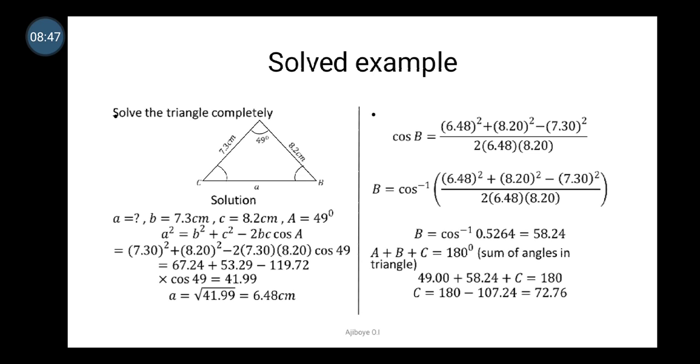We have 49.00 plus 58.24 plus angle C equals 180 degrees. To make angle C the subject, angle C equals 180 minus 107.24, and that will give us 72.76 degrees. You will notice that now we have all the three angles and all the three sides, which means our triangle is now solved completely.